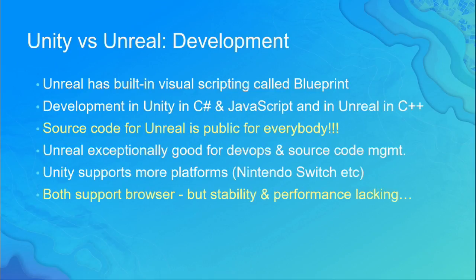Then Unity uses C# and JavaScript, and Unreal is all C++. What is pretty cool is that the source code for Unreal is publicly available. This is a big advantage when you really need to go in and figure out what's going on. It was a bold move of Epic Games, but I think it's really good.